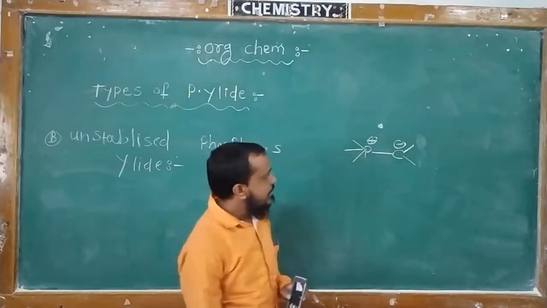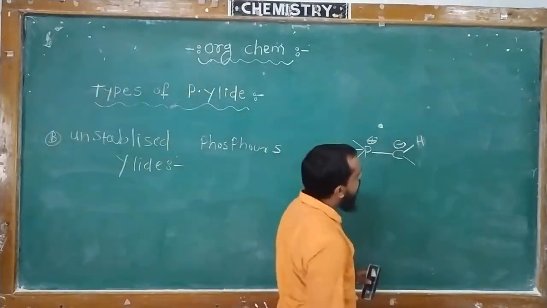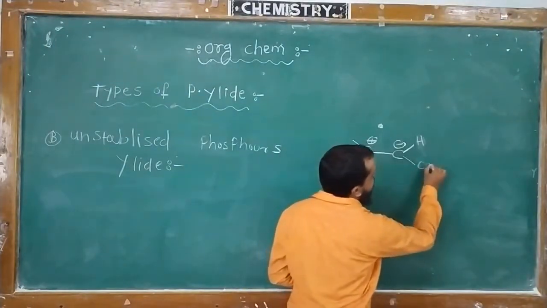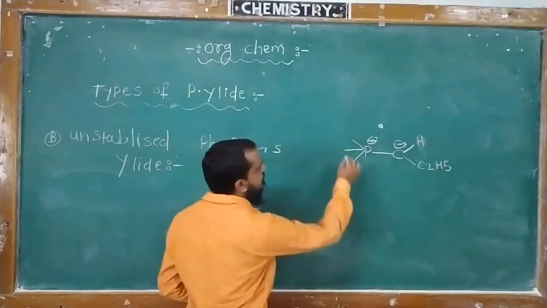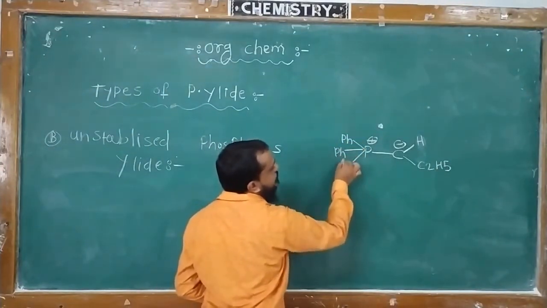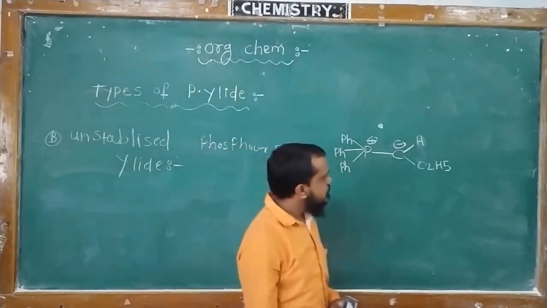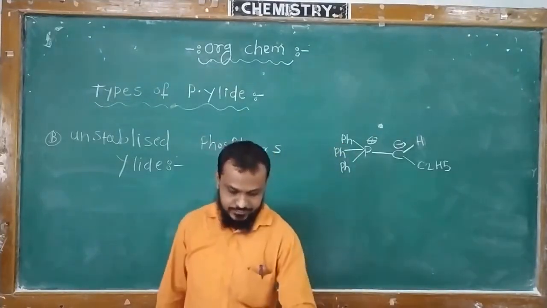Here I have taken hydrogen and here C2H5. Here one phenyl group, one phenyl group, one phenyl group. So this is the general structure of phosphorus ylide.